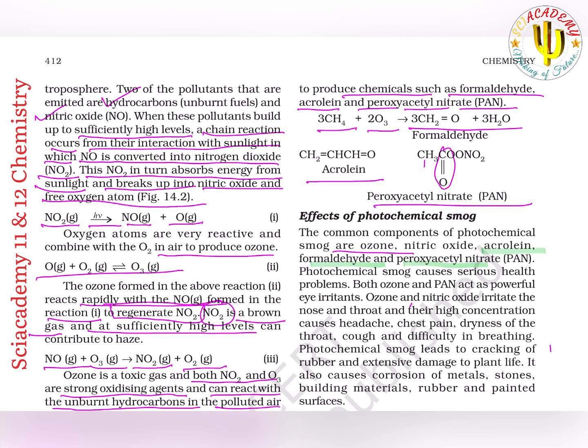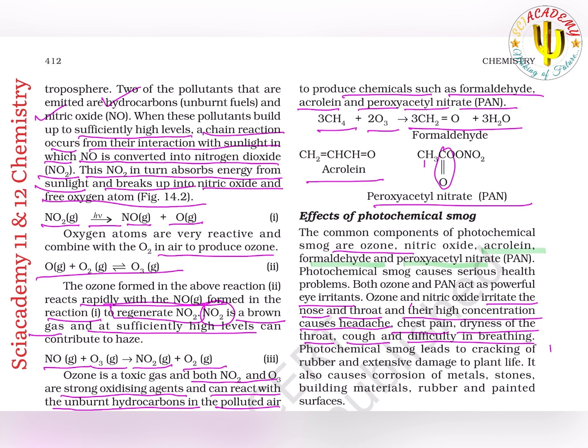Both ozone and PAN act as powerful eye irritants. Ozone and nitric oxide irritate the nose and the throat, and their high concentration causes headache, chest pain, dryness of the throat, cough, and difficulty in breathing.